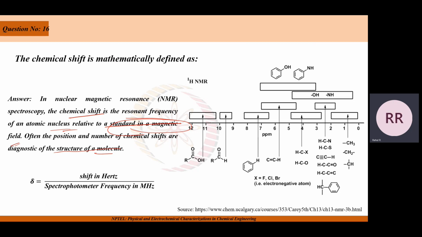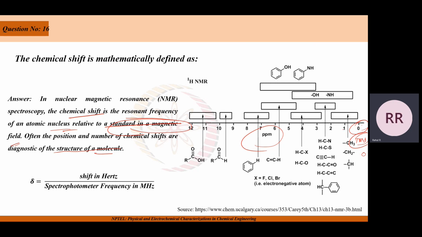So you can see from this figure there is a zero, which is taken as TMS, and every molecule will correspond to some specific shift starting from TMS. The TMS is basically zero, and the shifts are given in the order of parts per million, considering the shift of TMS to be the reference point.